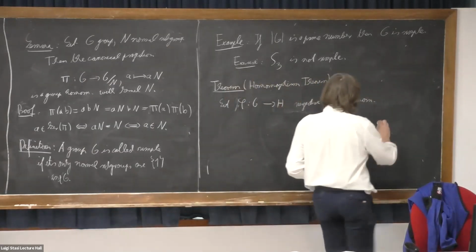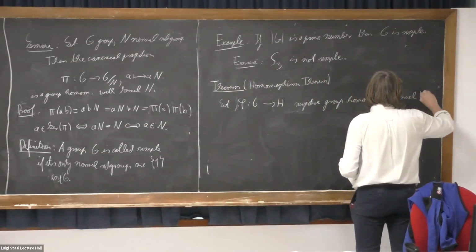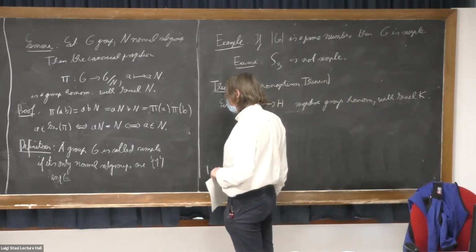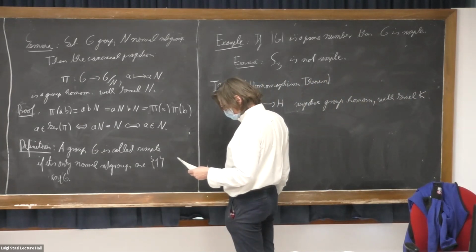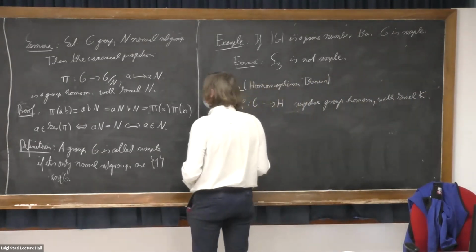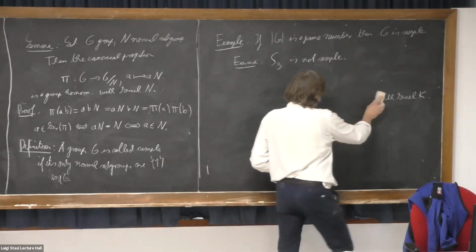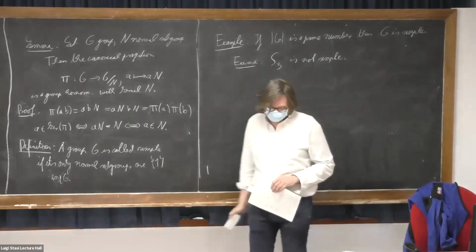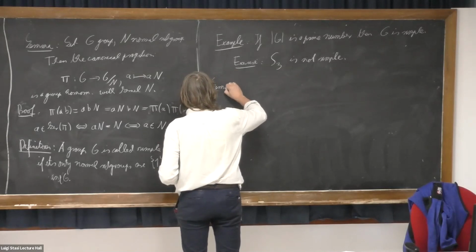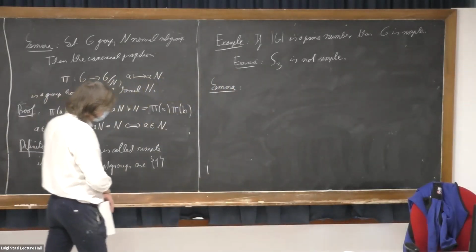Then G mod the kernel of P is isomorphic to H. Yeah, obviously I forgot something. Maybe I can first state a lemma.